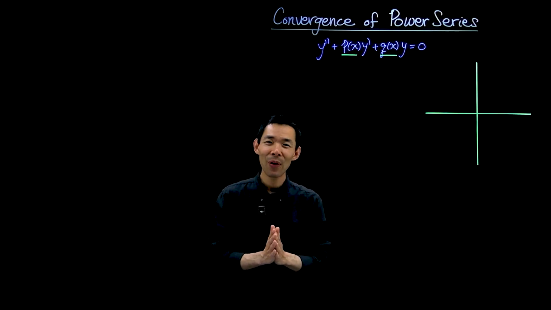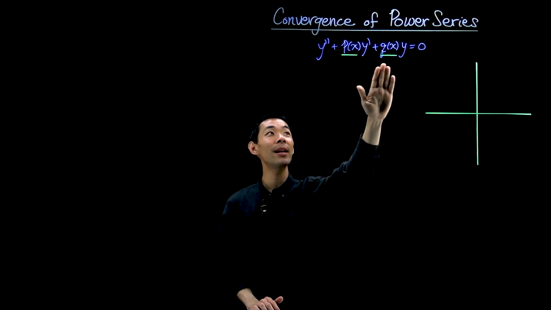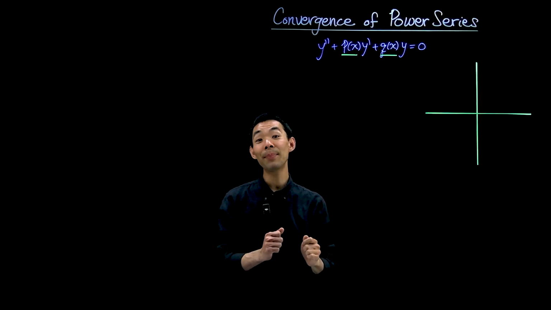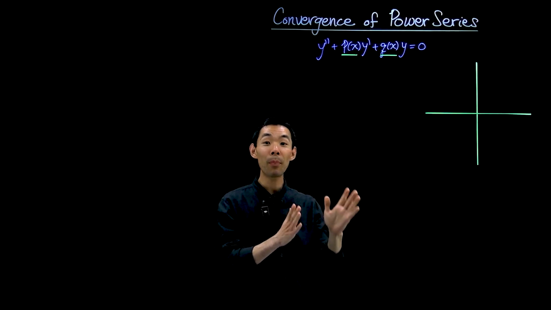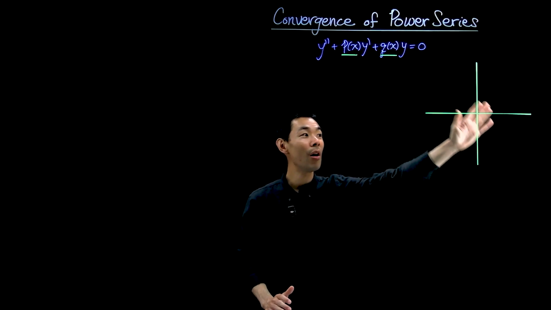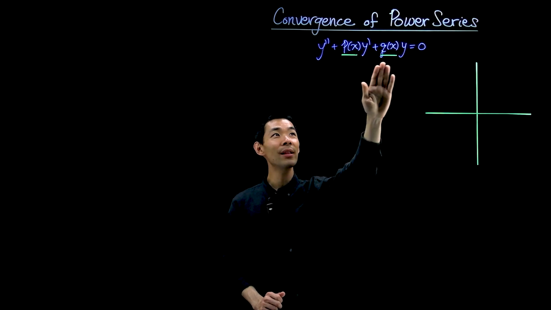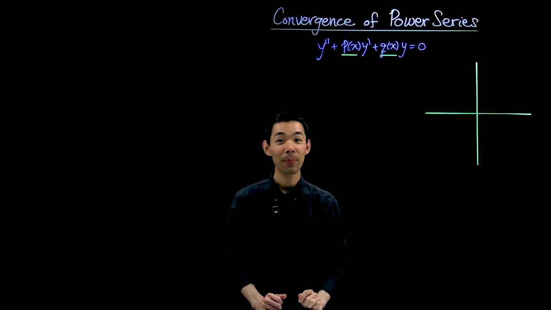We need to be careful about singularities in the coefficients of p and q, the terms that I've underlined in this equation. So really, there's two different types of points. If I wanted to develop a power series about a particular point x equal to a along this plane, we need to be careful about where the singularities are for these coefficients of p and q.